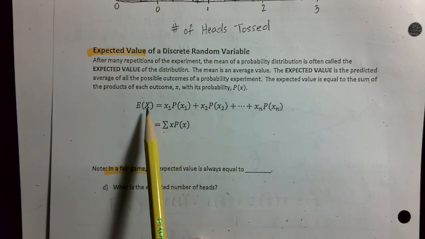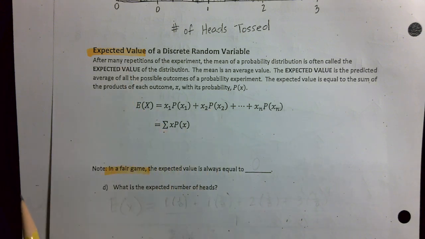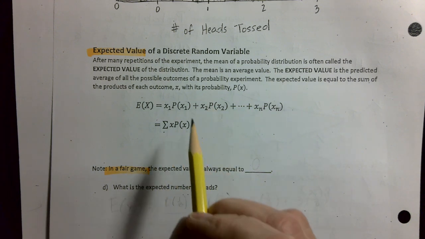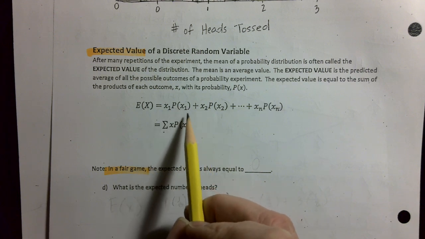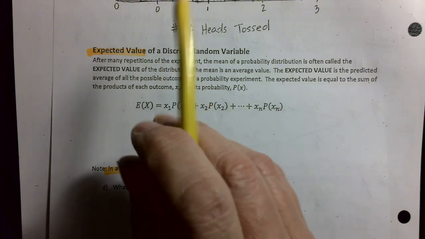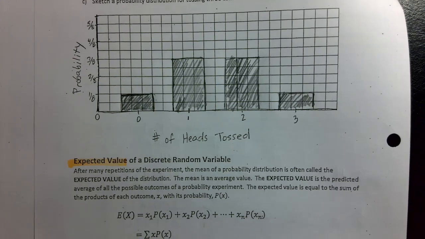So I started to talk about expected value, which is essentially the average, or in this case, the weighted average. What that means is, as we talked about on Thursday, taking an average means you take all your values, add them up, and divide by however many values you have.